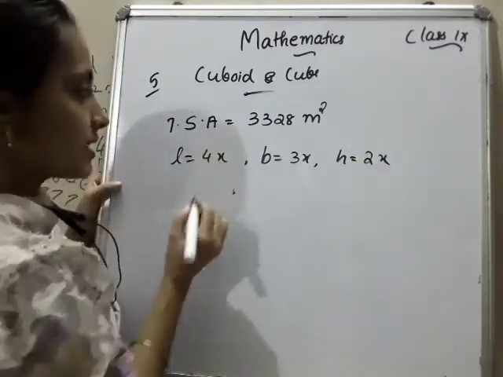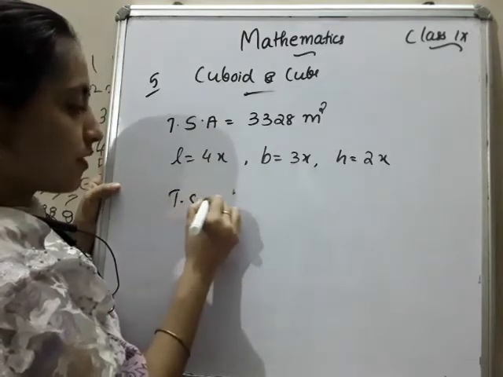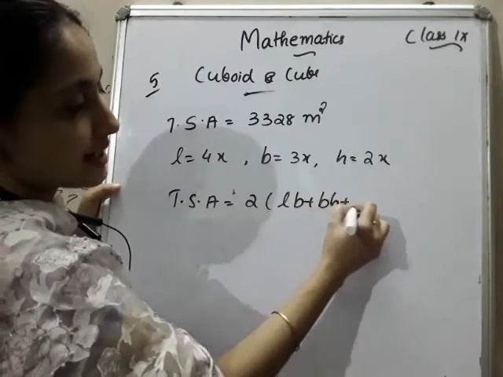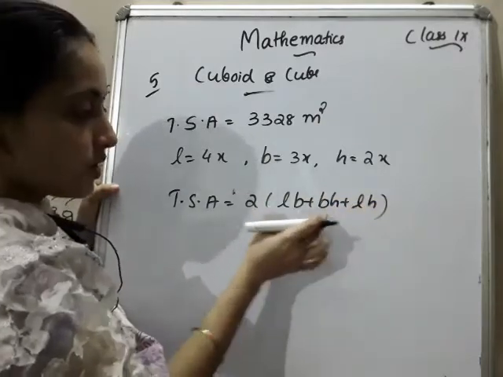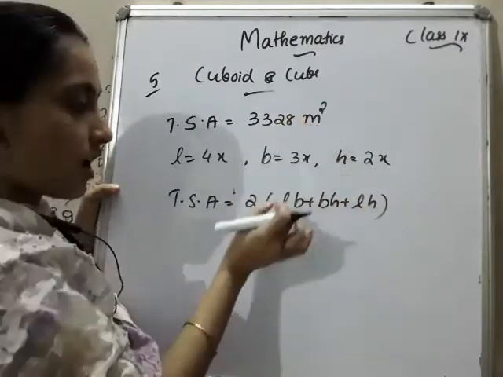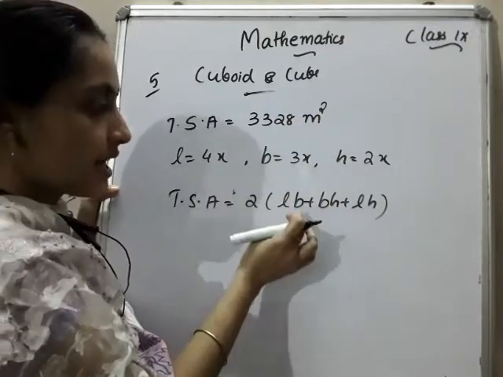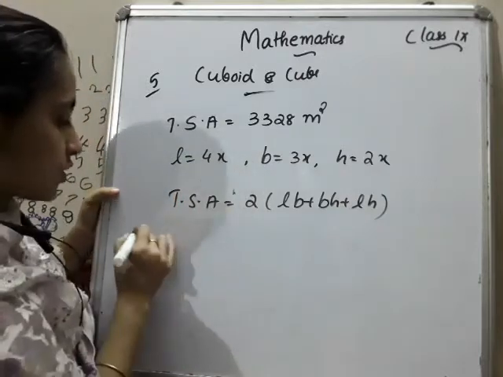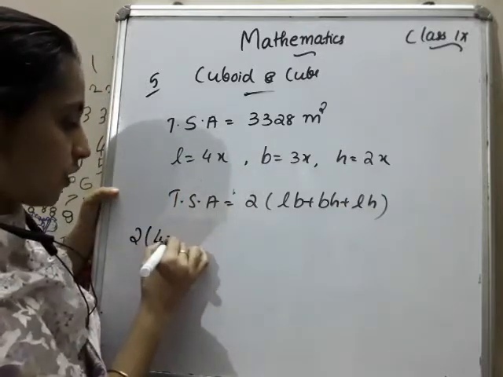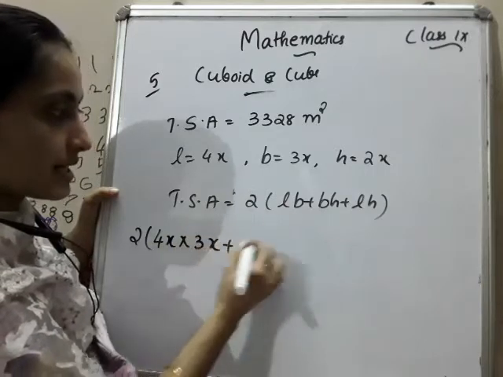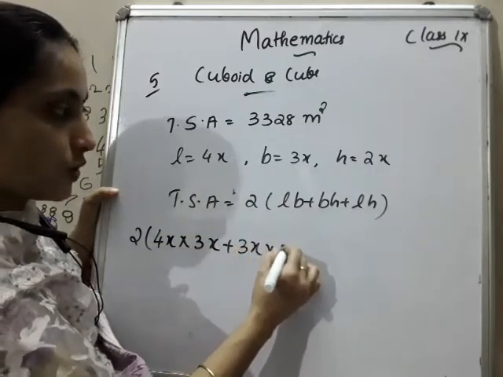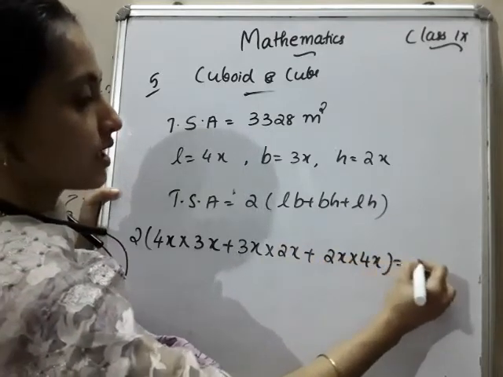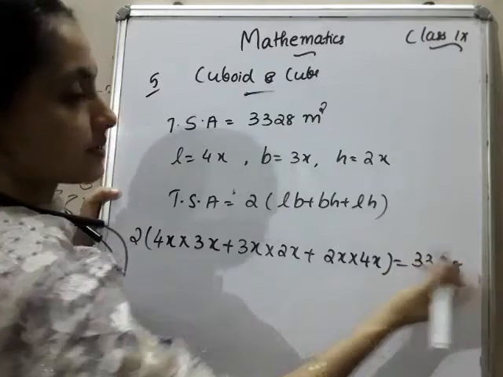That's our question. In this question we can write TSA of a cuboid. What is the formula? 2 into LB plus BH plus LH. You have to replace L by 4x and B by 3x and H by 2x. So 2 into 4x into 3x plus 3x into 2x plus 2x into 4x will be equal to 3328.